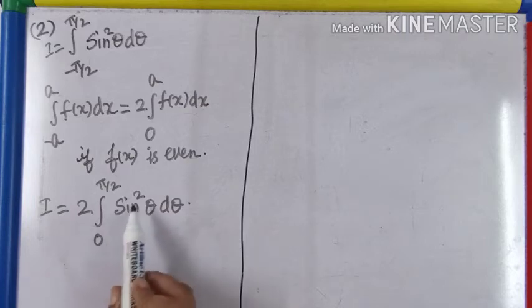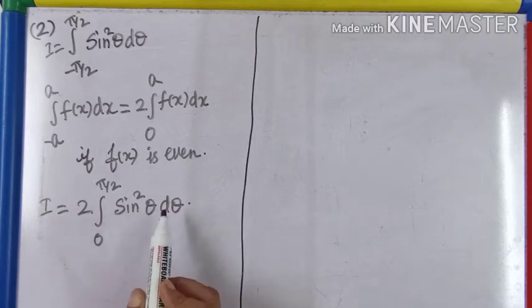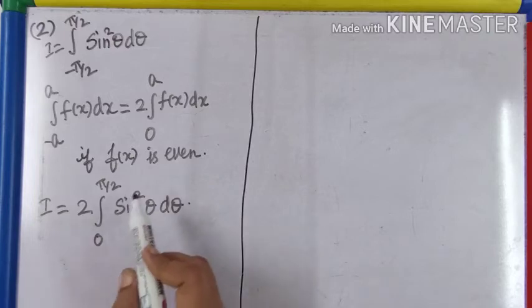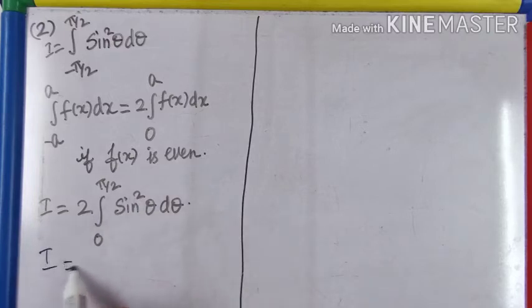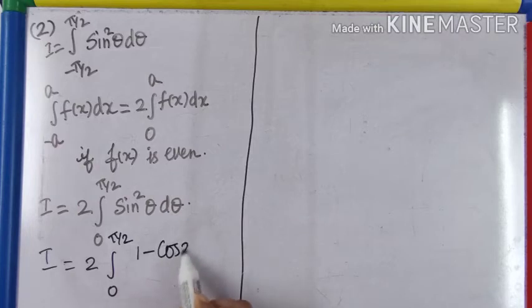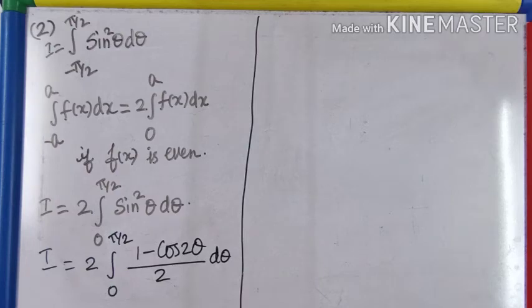Can I integrate sin square theta? No. In trigonometry, sin will become minus cos, and cos will become sin in integration. When sin square or cos square is coming, learn to rewrite using the trigonometry formula. So sin square theta is nothing but (1 minus cos 2 theta) by 2 d theta. This 2, if I bring it out, 2 and 2 will cancel.